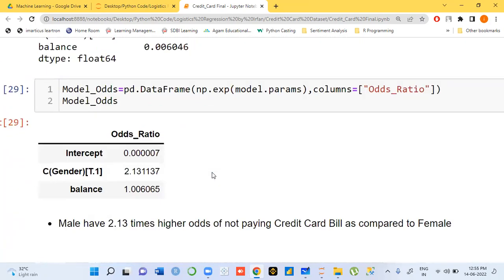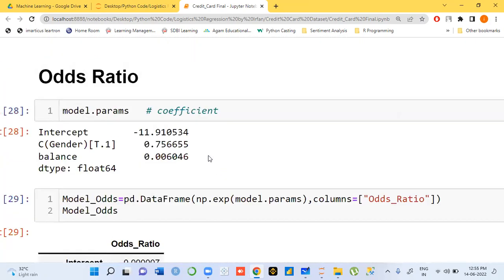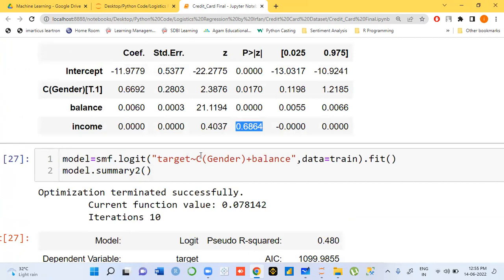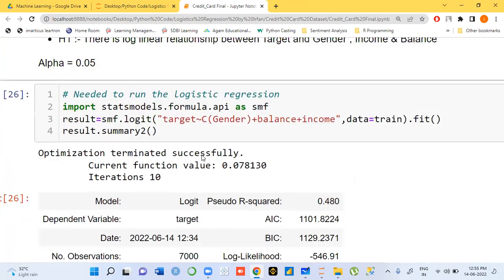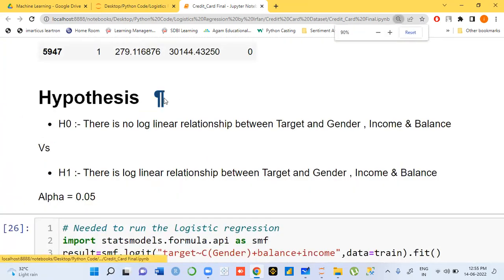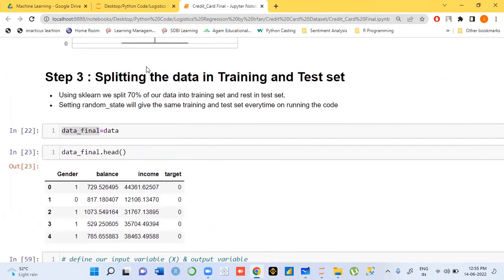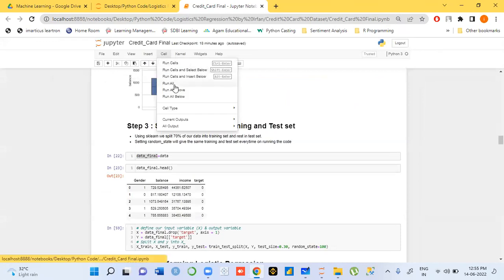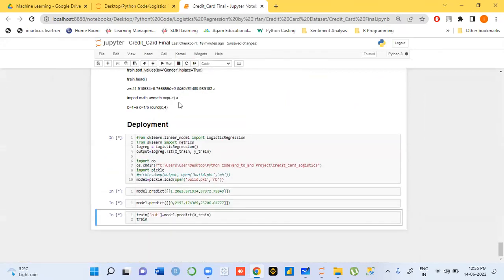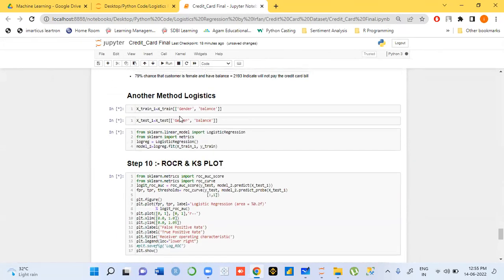One second, wait, let me cross check. The output will remain the same, right? I'm just running the code. Okay.